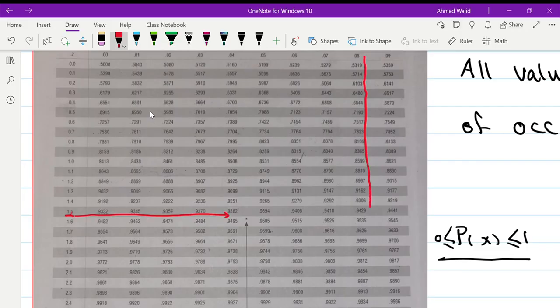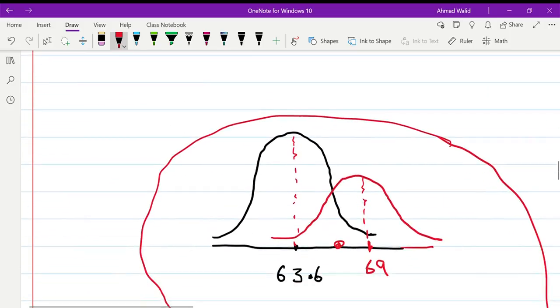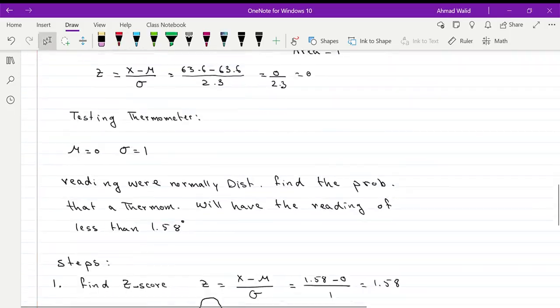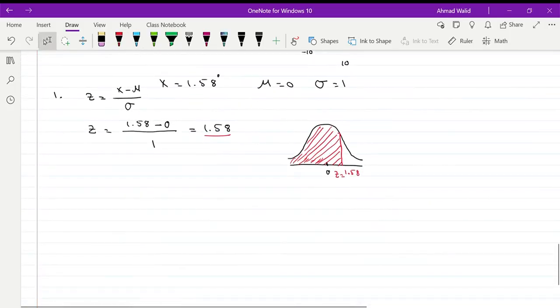Wherever these two meet, that's my z-score value, 0.9429. It means this area is 0.9429.